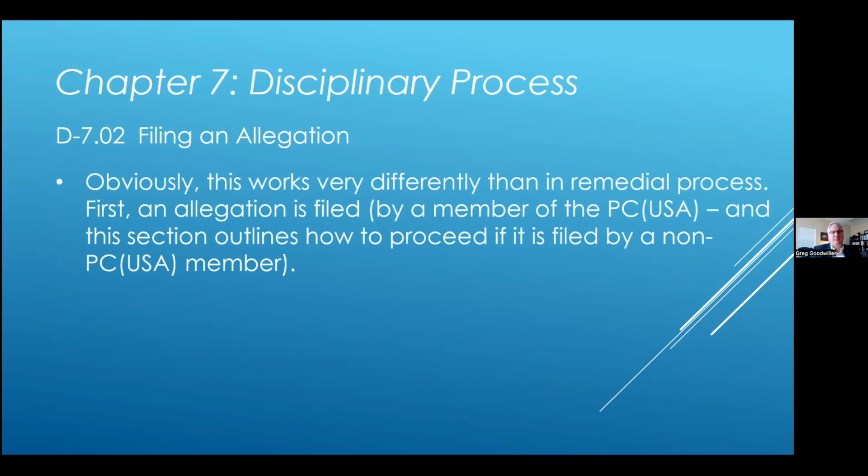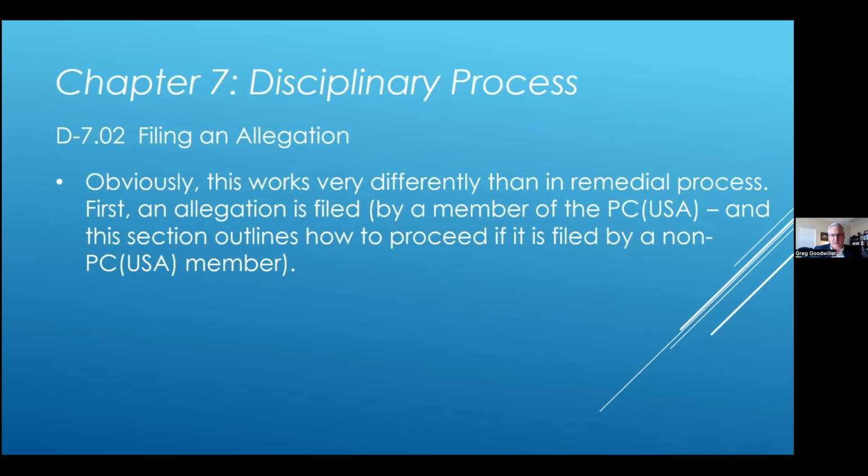Allegations are filed by a member of the PCUSA, and D702 has some wording about what happens if somebody other than a member of the PCUSA files an allegation or alleges in speech to somebody in the PCUSA that something bad has happened.